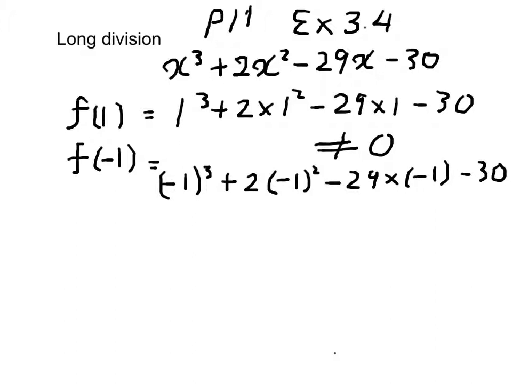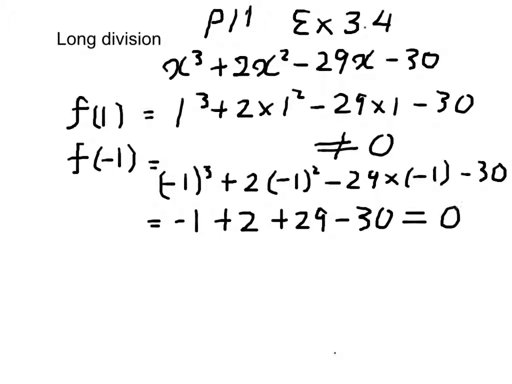So minus 1 cubed means minus 1 times minus 1, that's positive 1, times another minus 1, so the result will be minus 1. Minus 1 squared will be positive 1, so 2 times positive 1 is 2. Minus 29 times minus 1 is plus 29 minus 30. This time the result will be 0.